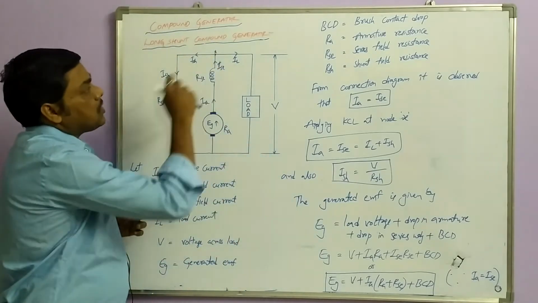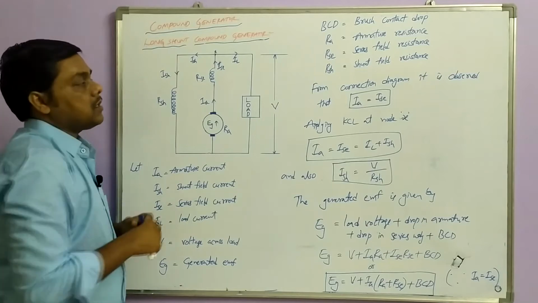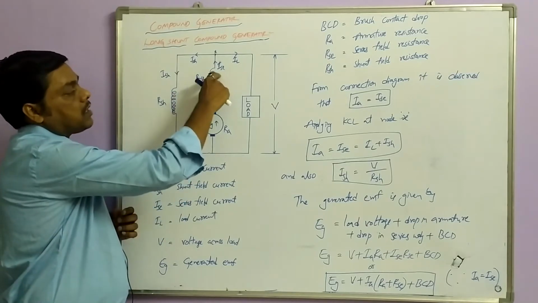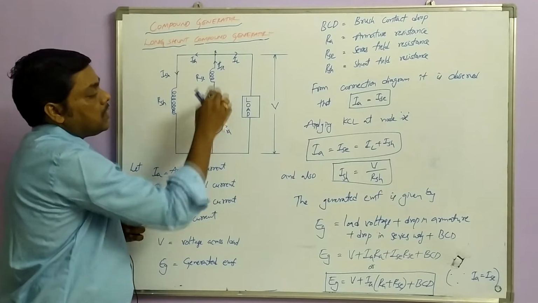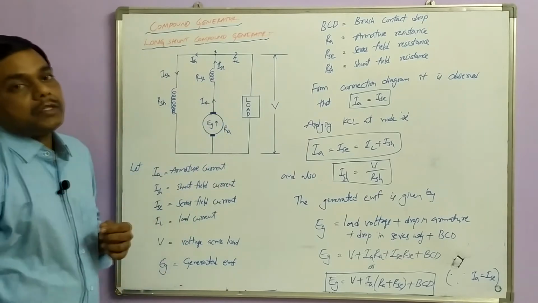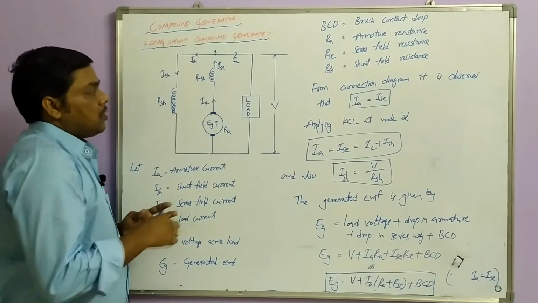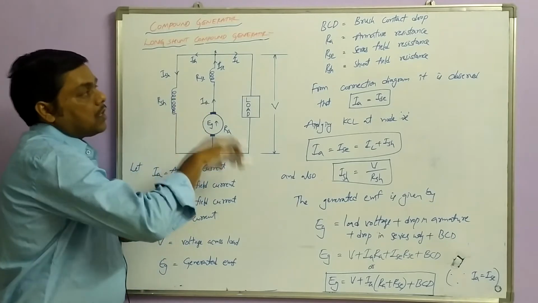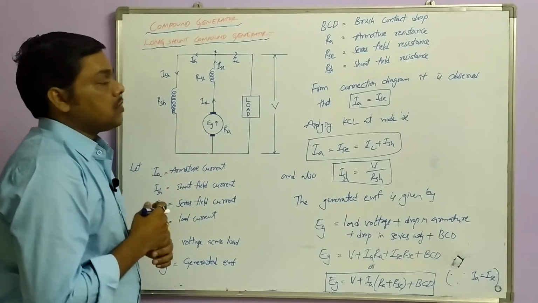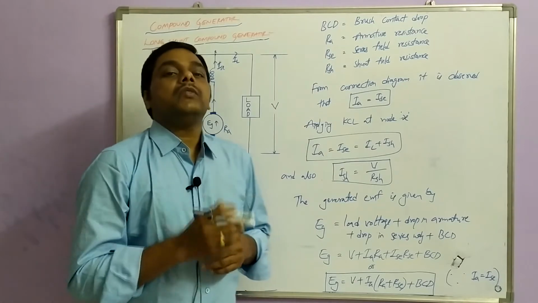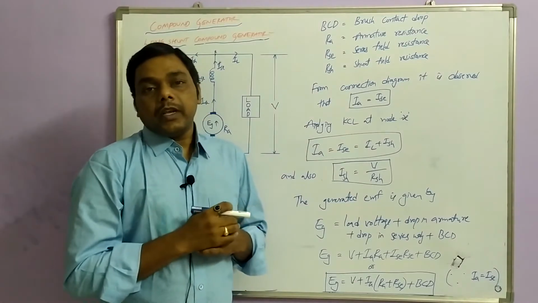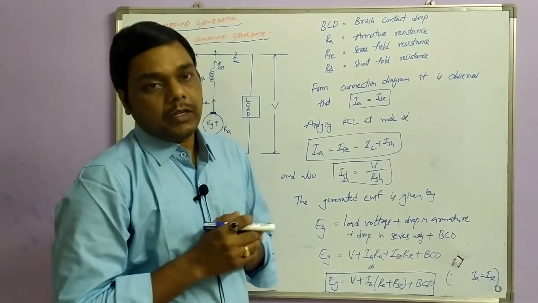In the long shunt compound generator, the shunt winding is connected across the series winding and also the armature. We know we have to derive the total current relations first, then we will go for the generated EMF and load voltage relations.